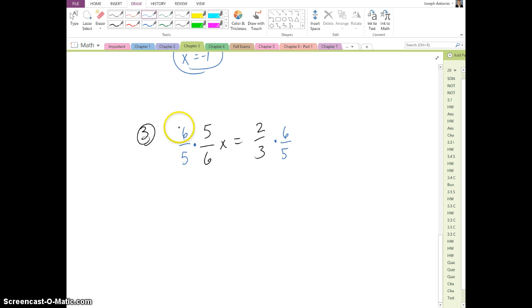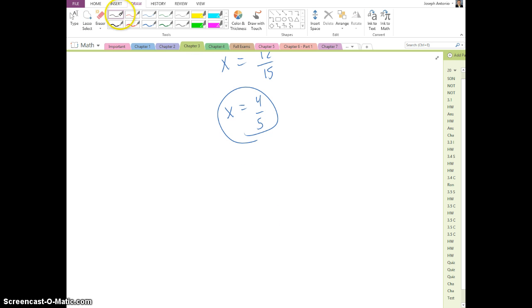The way you'll know you're doing it right is if you can cross out your 6's and your 5's and you're left with just x. And then again, you go straight across, or you can cross simplify. You can go 12 over 15, which simplifies: divided by 3 is 4, divided by 3 is 5.